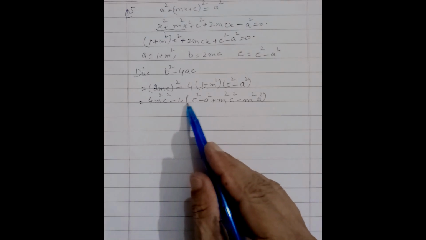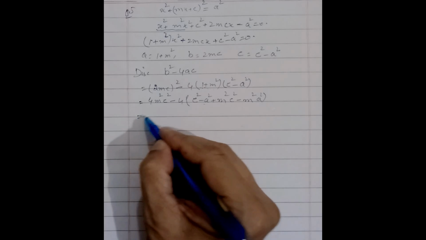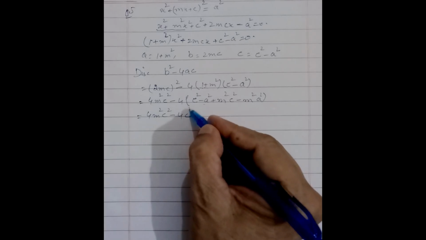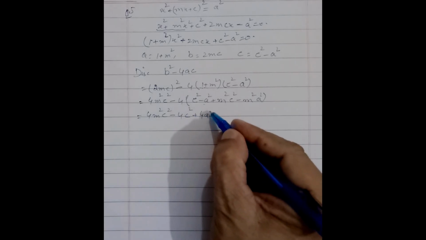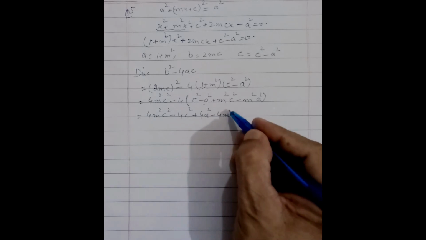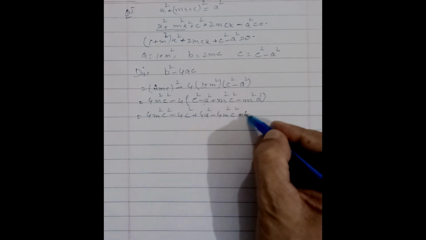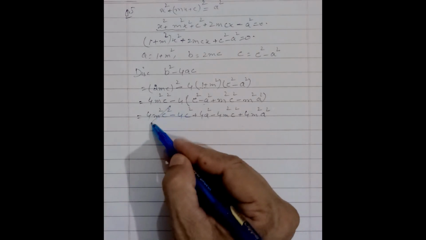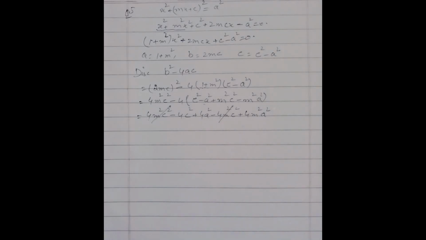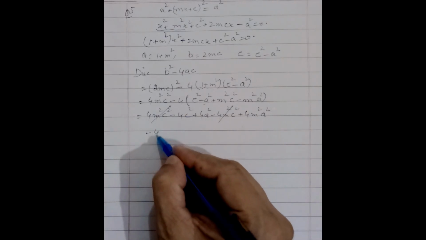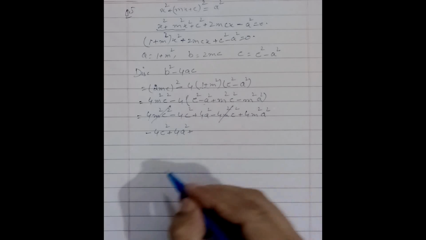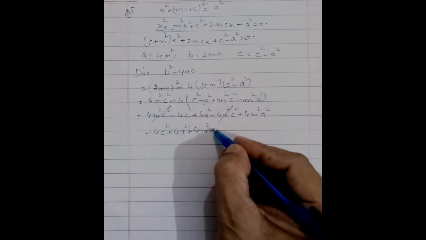Now we multiply 4 in the bracket, we get 4m square c square minus 4c square plus 4a square minus 4m square c square plus 4m square a square. Now we simplify these values. 4m square c square cancels with minus 4m square c square. The remaining value is minus 4c square plus 4a square plus 4m square a square.